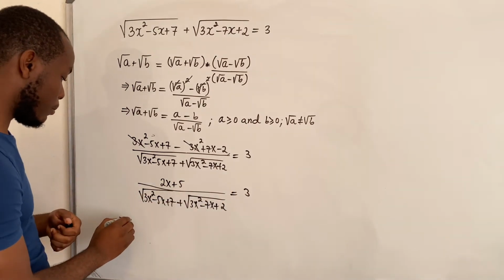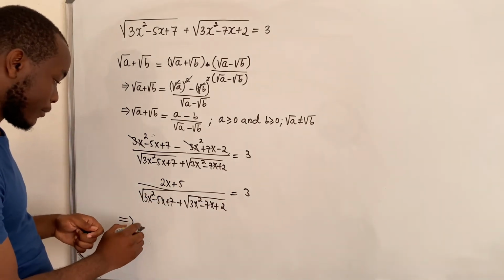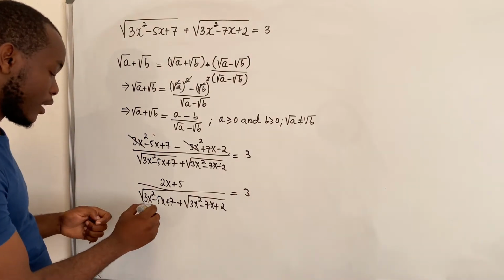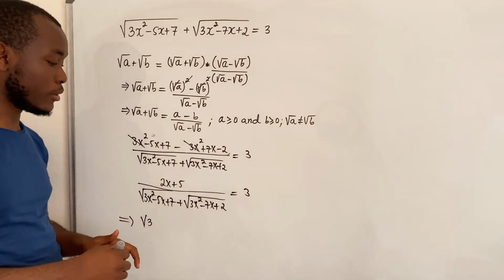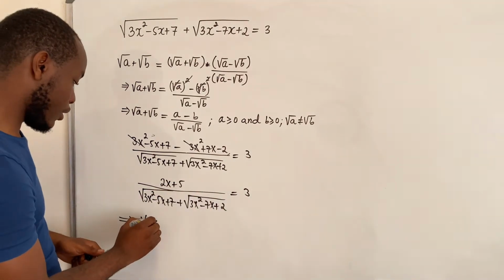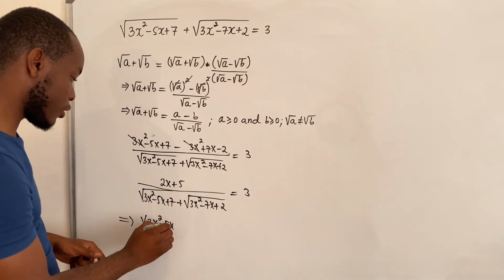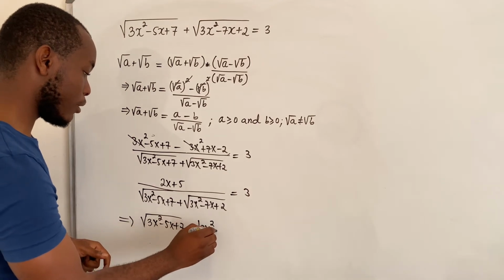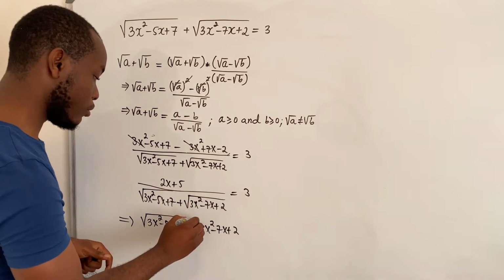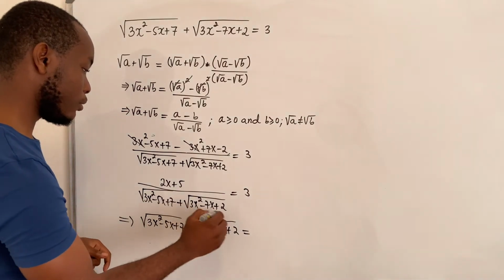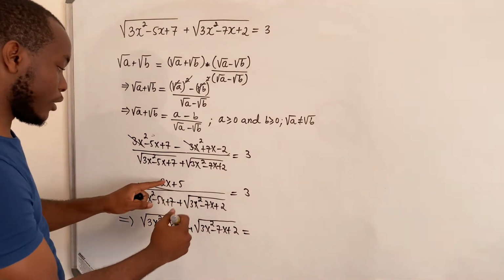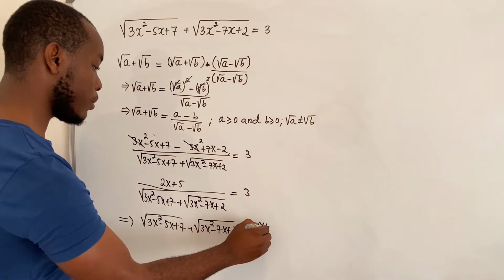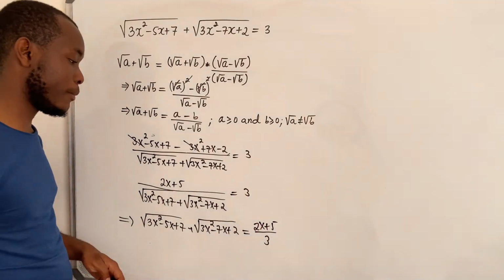So this implies that we're going to have square root of 3x squared minus 5x plus 7 plus square root of 3x squared minus 7x plus 2 will be equal, if we invert, this comes in the denominator and here becomes 1 over 3. So this is 2x plus 5 over 3.